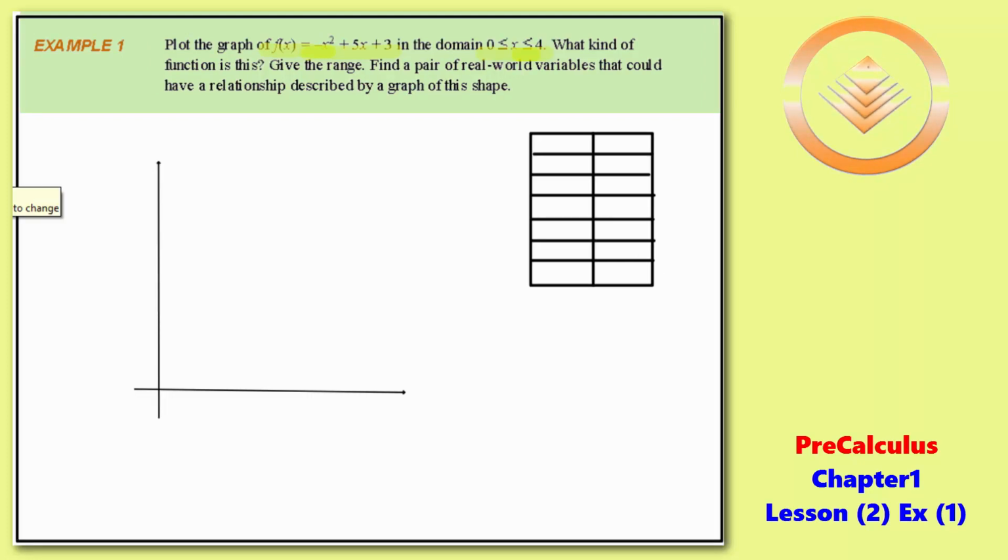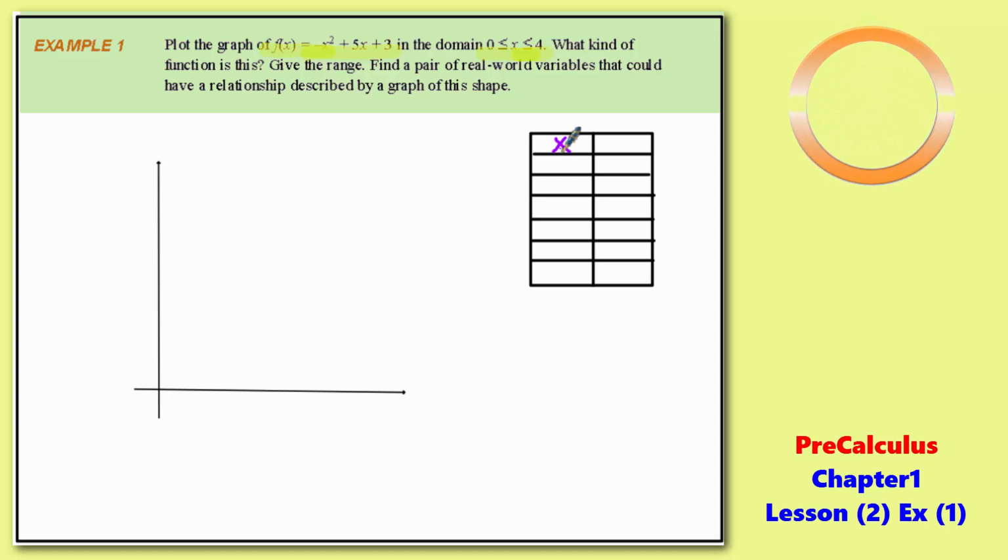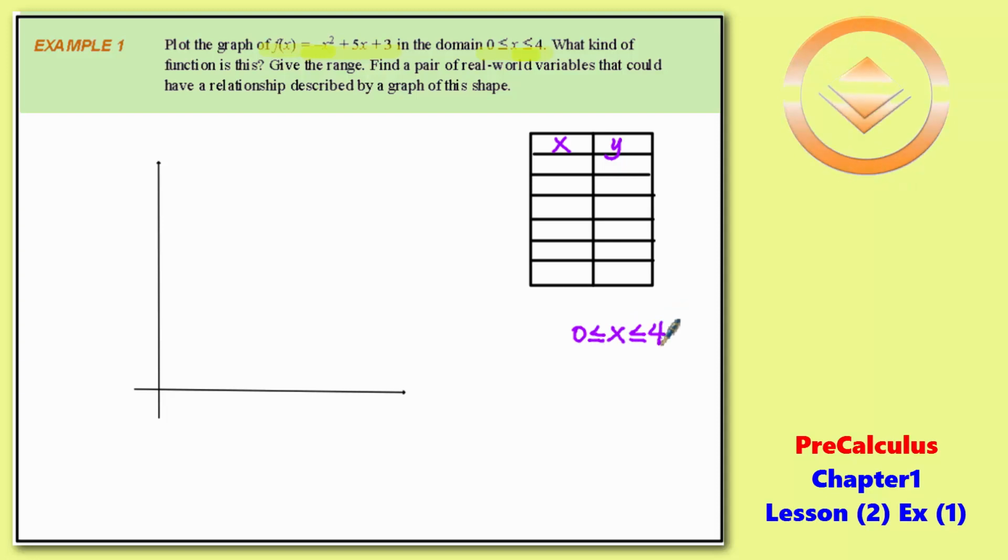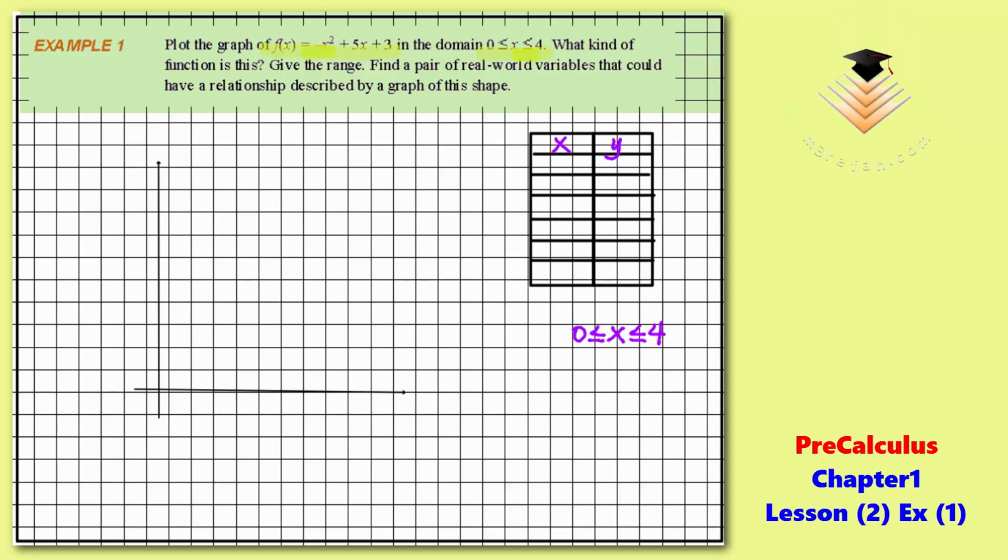So in this case, this would be our x, and this would be our y. And remember that our domain lies between 0 and 4. We have a grapher here. Let's just move the axis.